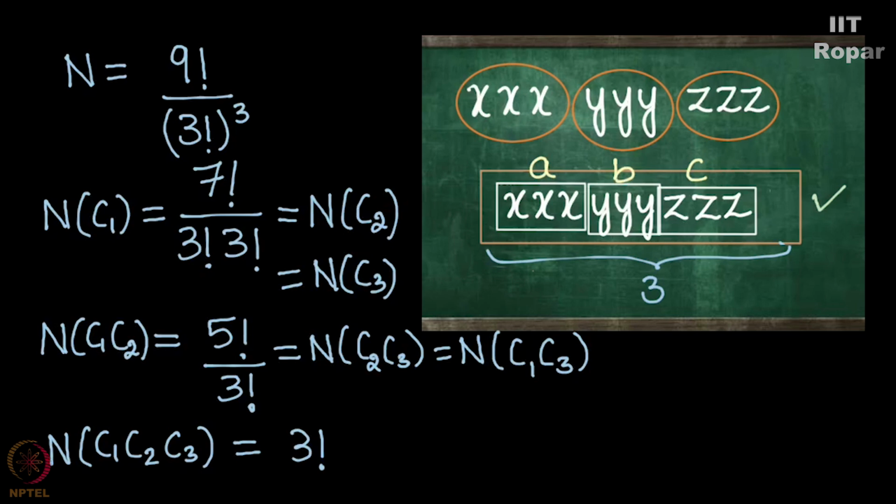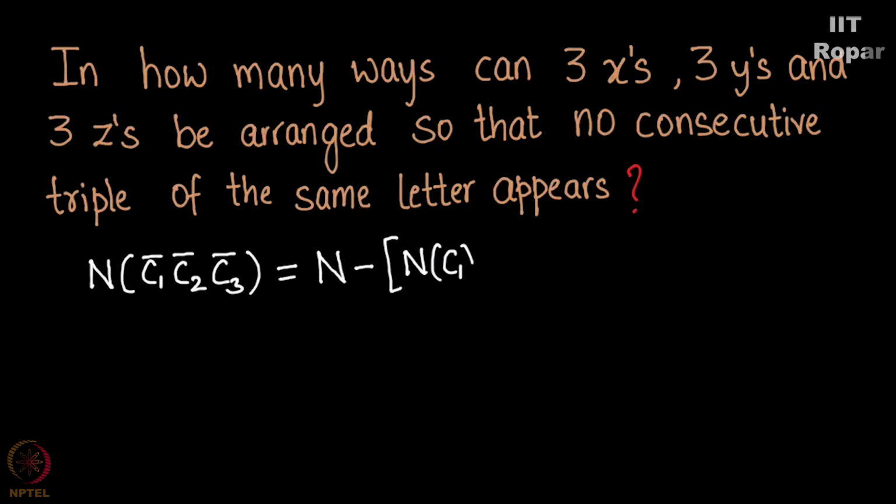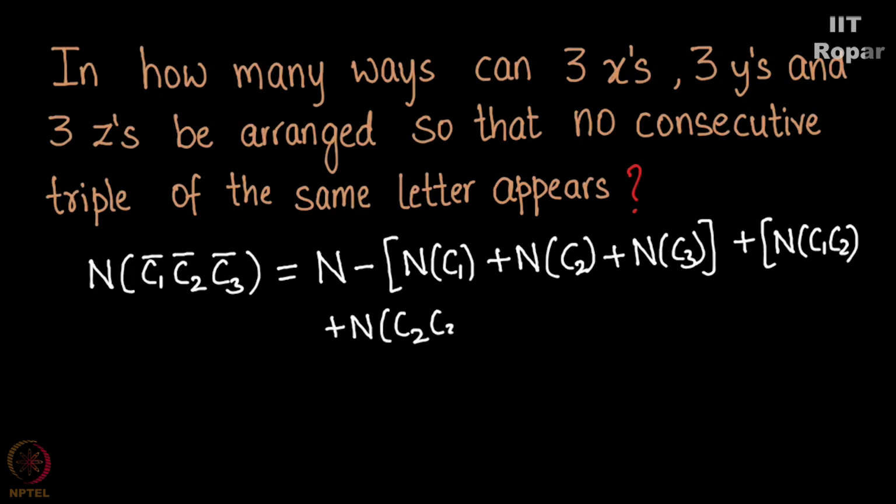Now, what is the answer for the question? The question was, in how many ways can these 9 alphabets be arranged so that no consecutive triple of the same letter appears? So basically we were trying to find n of C1 bar, C2 bar, C3 bar, which is n minus the sum of n of C1, n of C2, n of C3, plus the sum of n of C1 C2, n of C2 C3, n of C1 C3, minus n of C1 C2 C3.